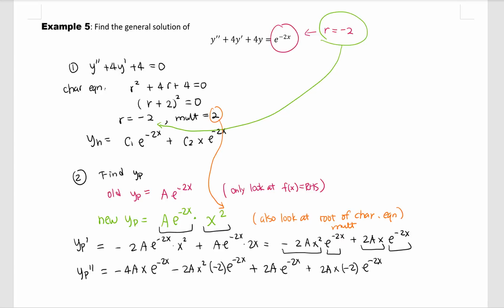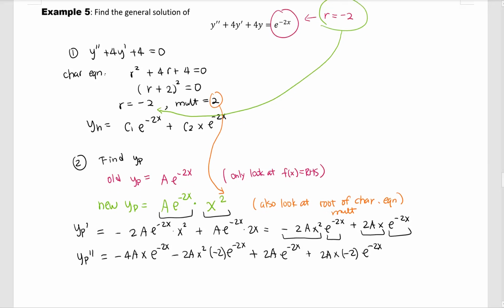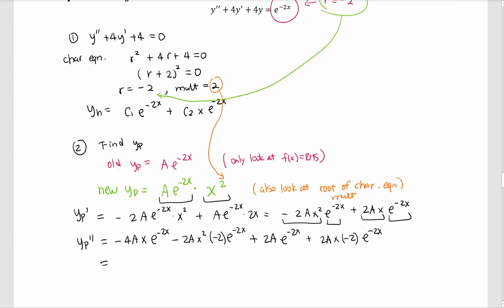Let's continue to plug it into our differential equation. So let's simplify first. The highest power: negative 2 times negative 2 is 4ax squared e to the negative 2x. And here we have negative 4a, there we have negative 4a, so negative 8ax e to the negative 2x.